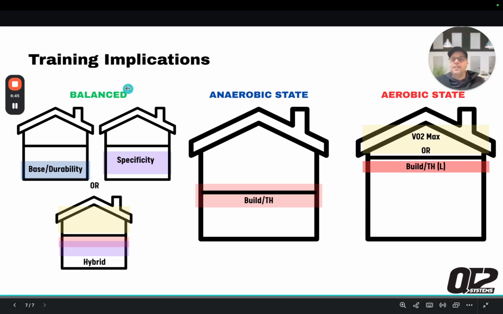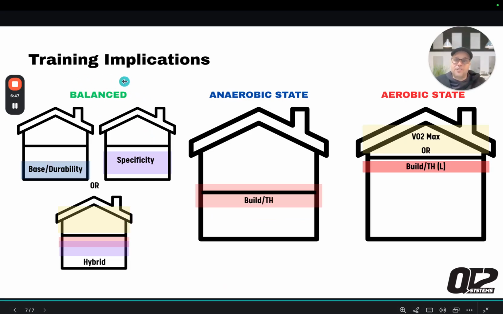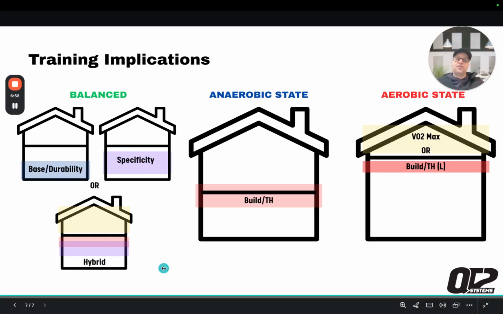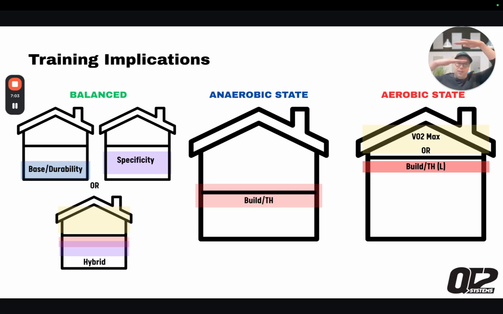When an athlete is in a balanced physiological state, there's a lot of physiological gain to be had by either a base durability block, a specificity block, or a hybrid training block. Essentially, we like the way their critical power or critical speed relates to their power or speed at VO2 max. We like the size of their attic space.